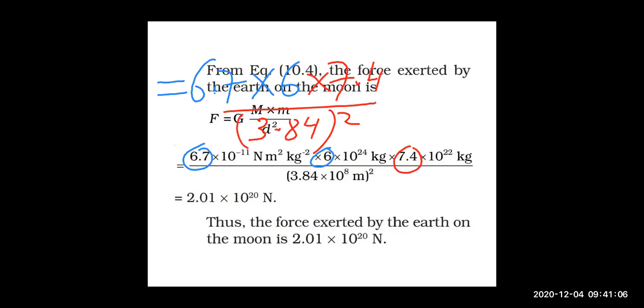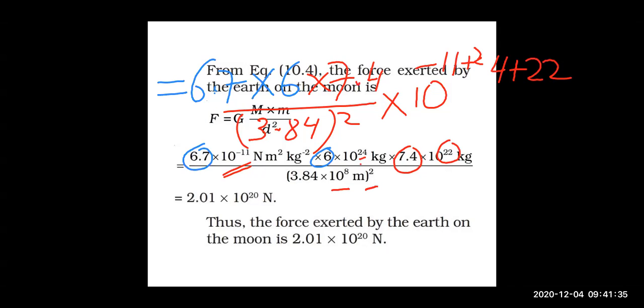Now let's see the power part. So minus 11, plus 24, right? Here it is 22, so plus 22, right children? And in the denominator you are having 10 to the power 8 square. So 10 to the power 8 square will become 10 to the power 16. And this 10 to the power 16, when it comes up, will become minus 16.